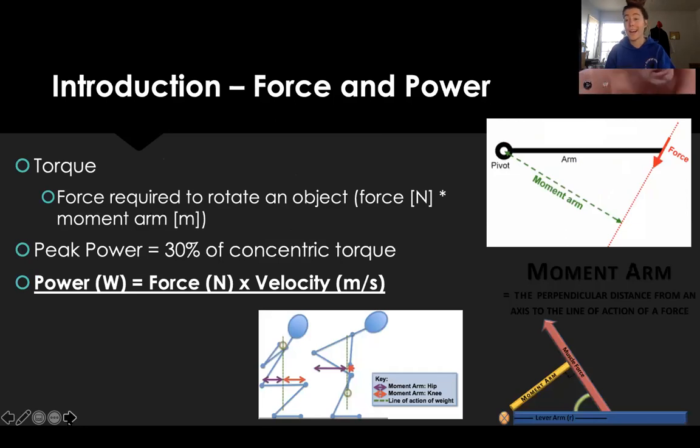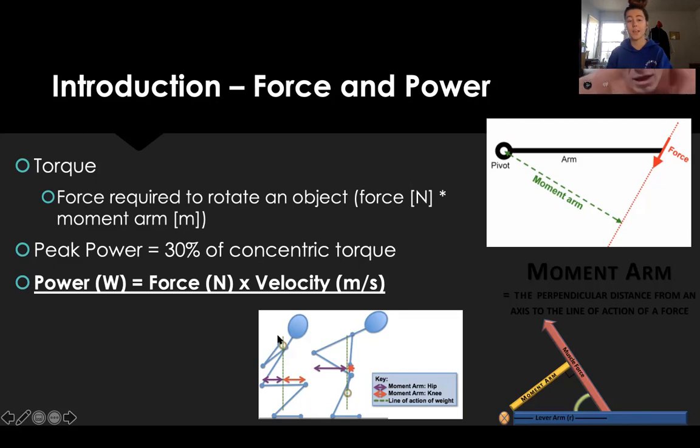Okay, so this is very much biomechanics stuff, and I'm not going to go into it because I don't need to, but I'll briefly talk about it. Torque is basically the force required to rotate an object, so force times moment arm, and you can see a visual of this moment arm.